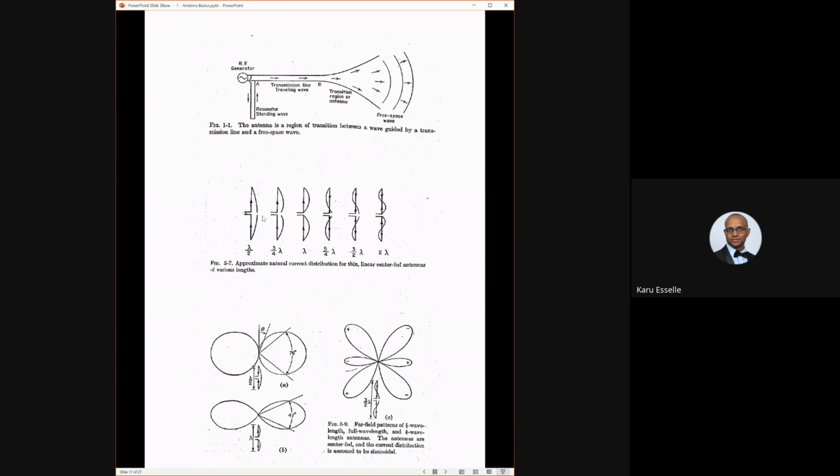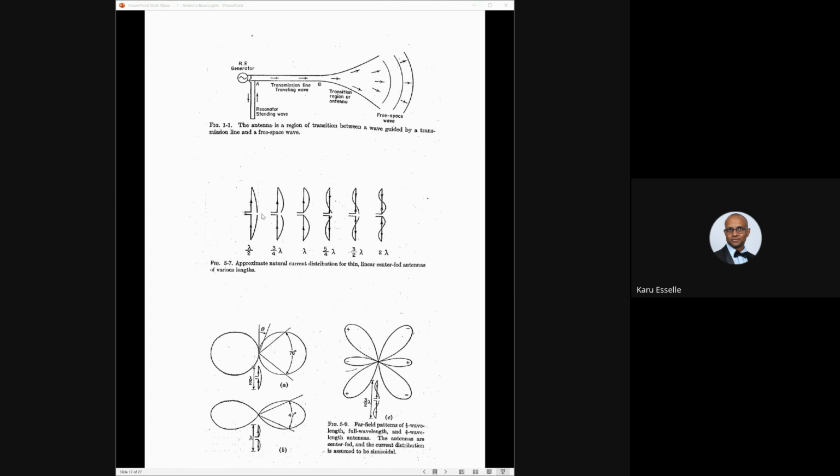Another is a monopole. Monopole is half of a dipole. Suppose you cut this across this plane and put a conductor on this plane, a very good conducting sheet.